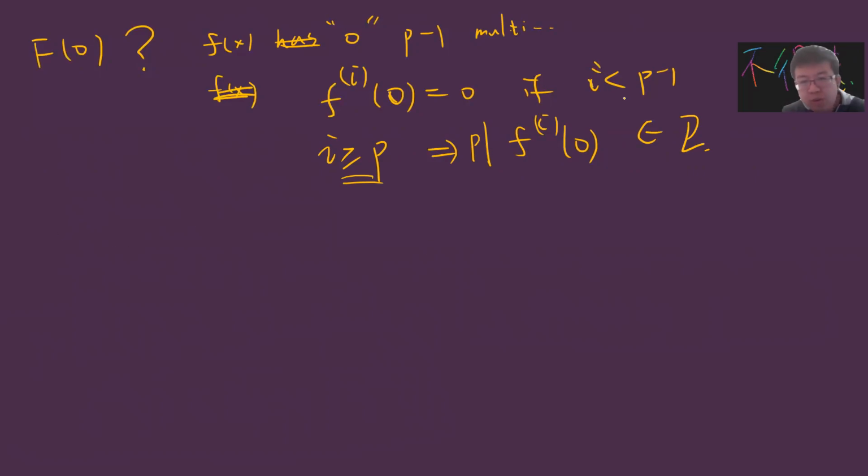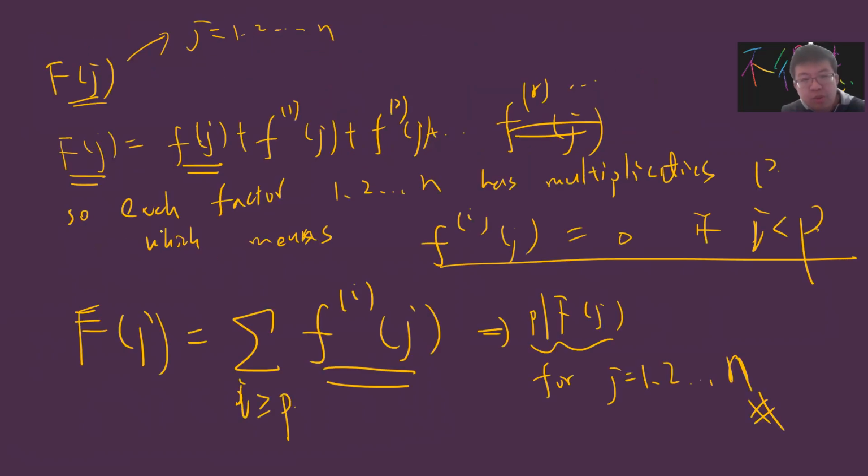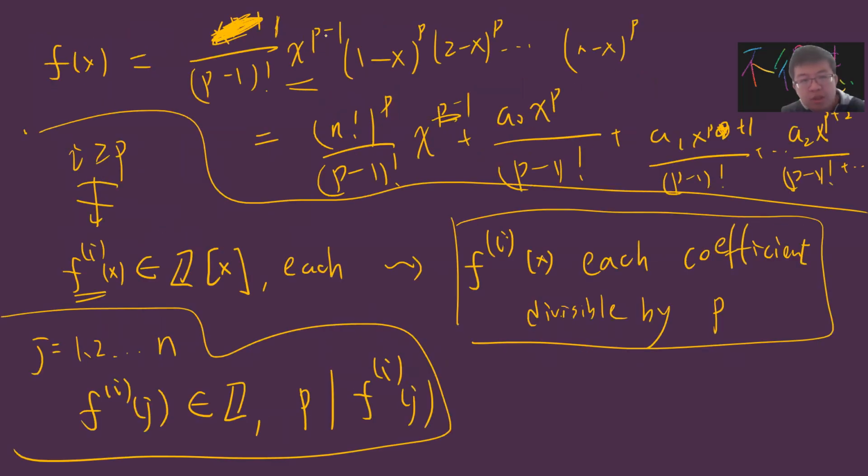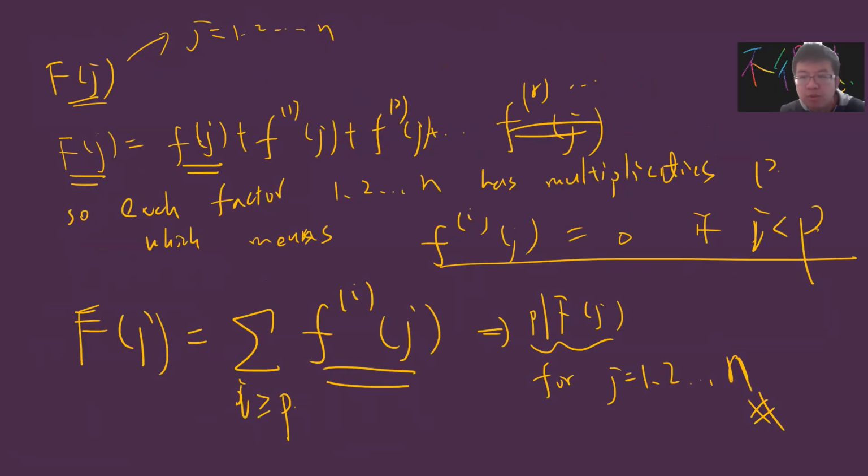Okay, but there's one term which we forgot about here, which is i equals p minus 1. If i equals p minus 1, suppose you differentiate p times, then this will cancel everything, right? And if you differentiate p times, you will see that what remains is n factorial.